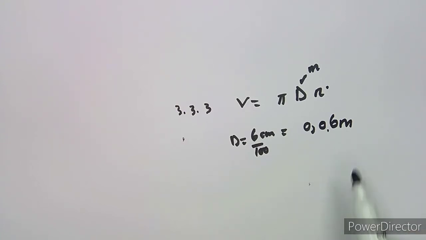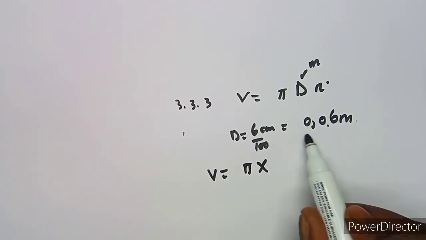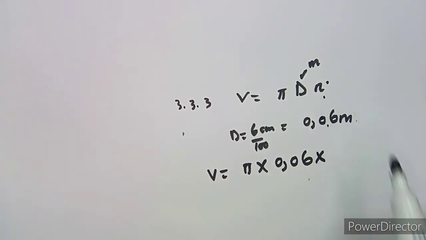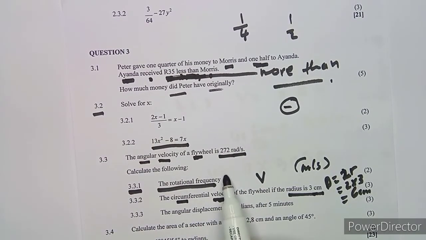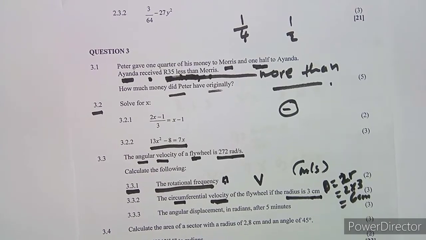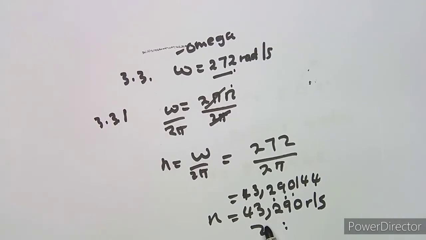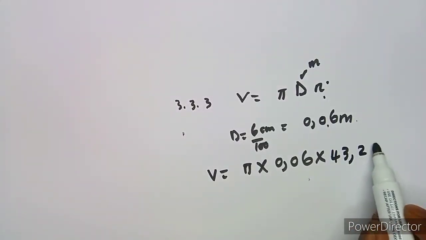I wonder why I'm not using a calculator, but that's it. That's your D. So now the V, which is the velocity, is going to be pi times D, which is 0.06, times the n, which is the n we obtained here, the rotational frequency, which is 43, so we have got this one 43, just write it as it is, 290.